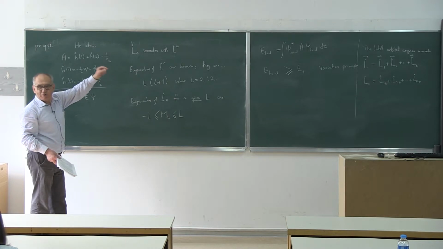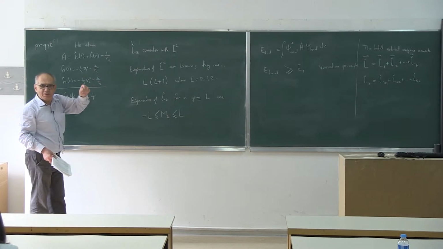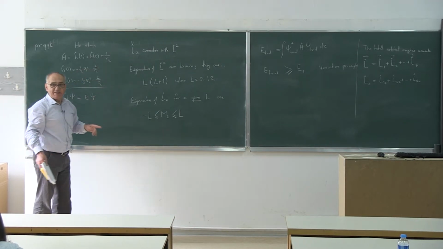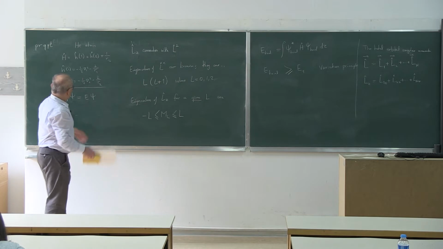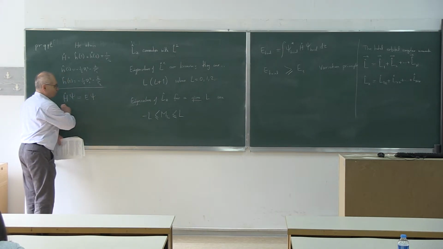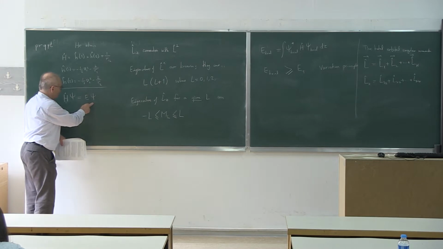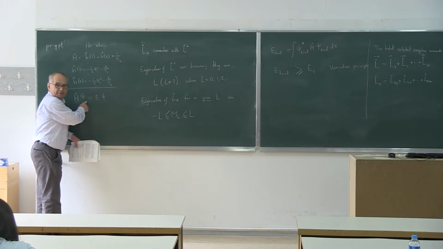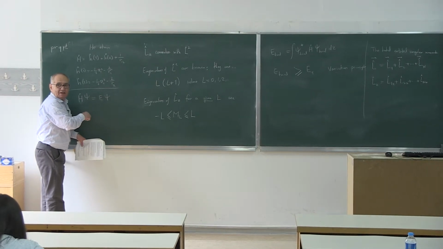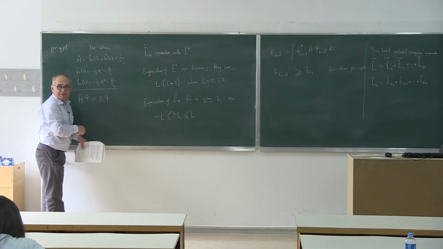Lz and L square for that atom will commute with the atomic Hamiltonian. This means that solutions of the Hamiltonian, which are the solutions of the Schrödinger equation, the psi functions here, are also eigenfunctions of Lz and L square.